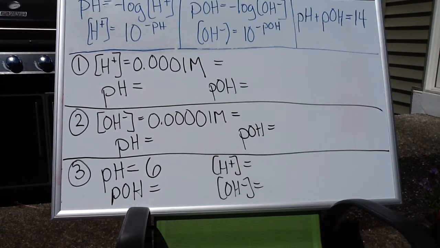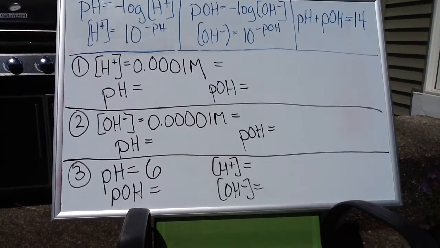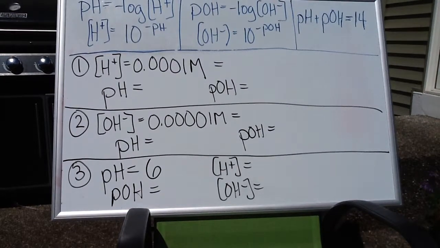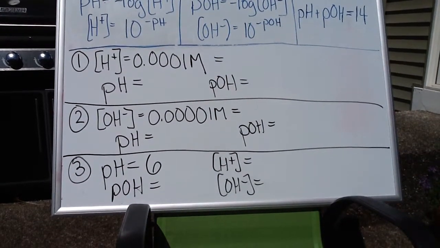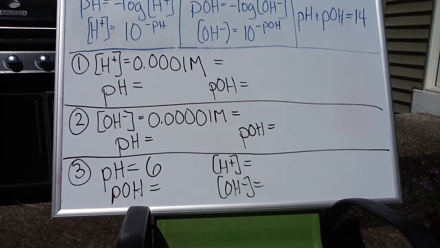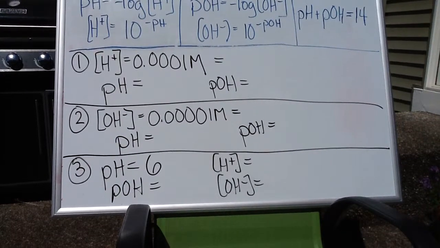They are inversely related, so as the pH goes up, the pOH goes down and vice versa, and the pH plus the pOH will always equal 14. In a solution that is neutral, the pH will be 7, and the pOH will also be 7, and that indicates that the hydrogen concentration and hydroxide concentrations are the same in neutral solutions.